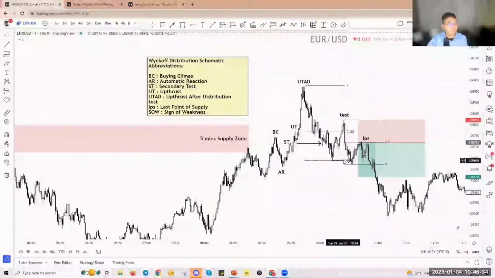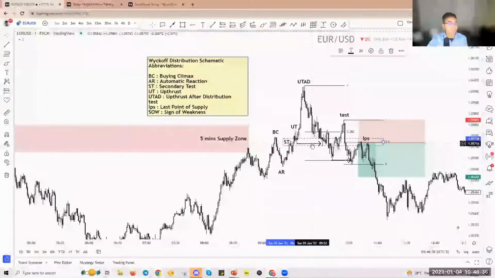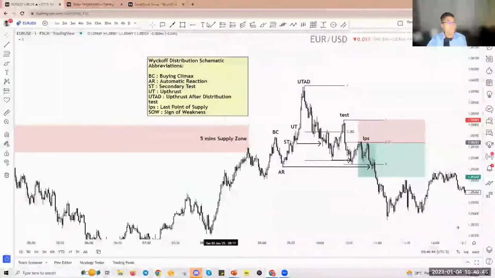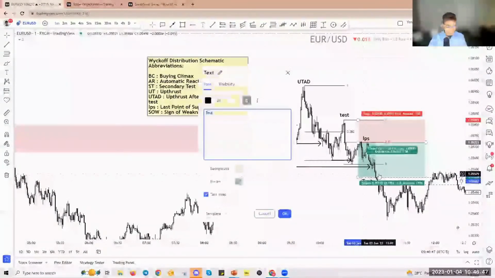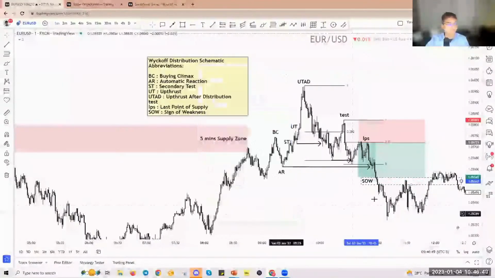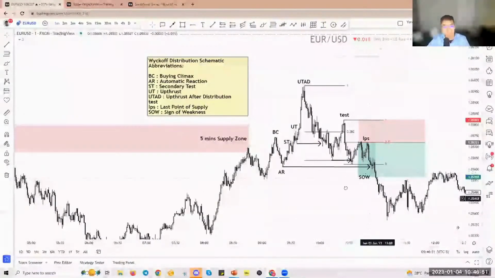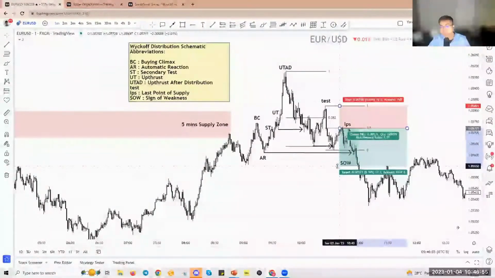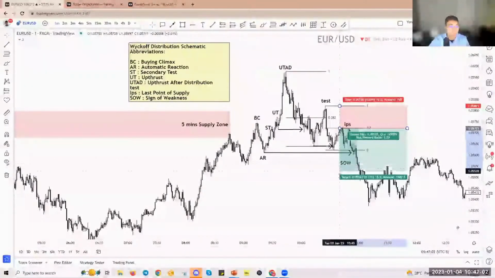So after price breaks the AR, the AR right here, what does it form? It forms the sign of weakness, the SOW. That's when you know that price can potentially continue heading downwards. So when sign of weakness forms, you can actually close part of your trade already. You do not have to hold all the way.